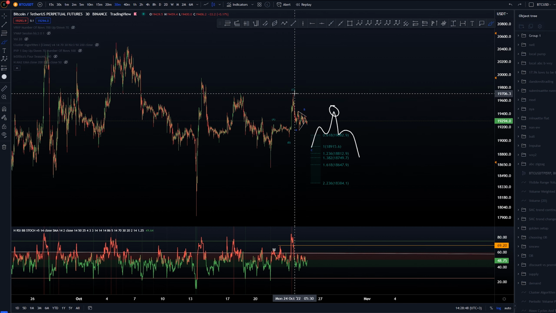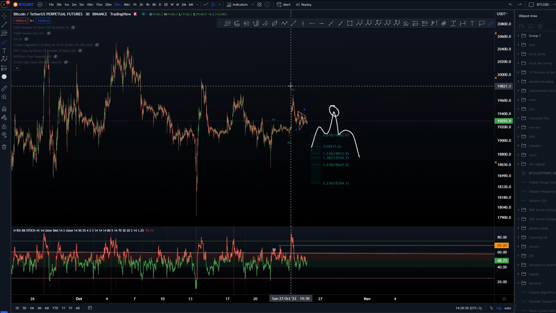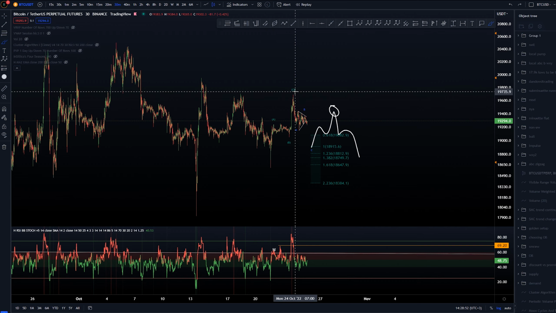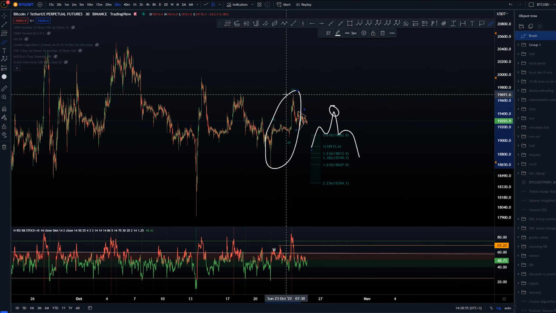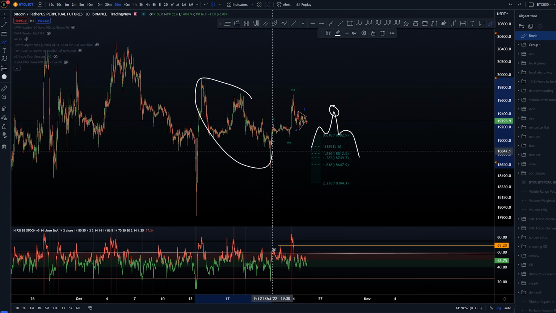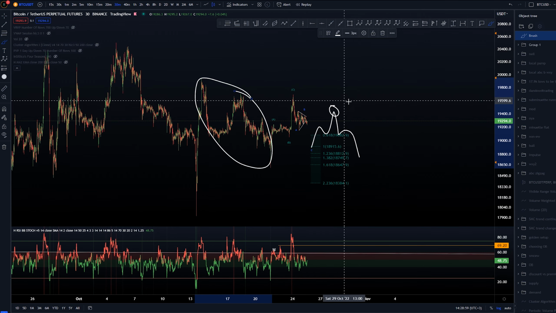So this could be used as a connector wave. I feel like it has potential to be a connector wave on itself, connecting this first structure over here to the next one.